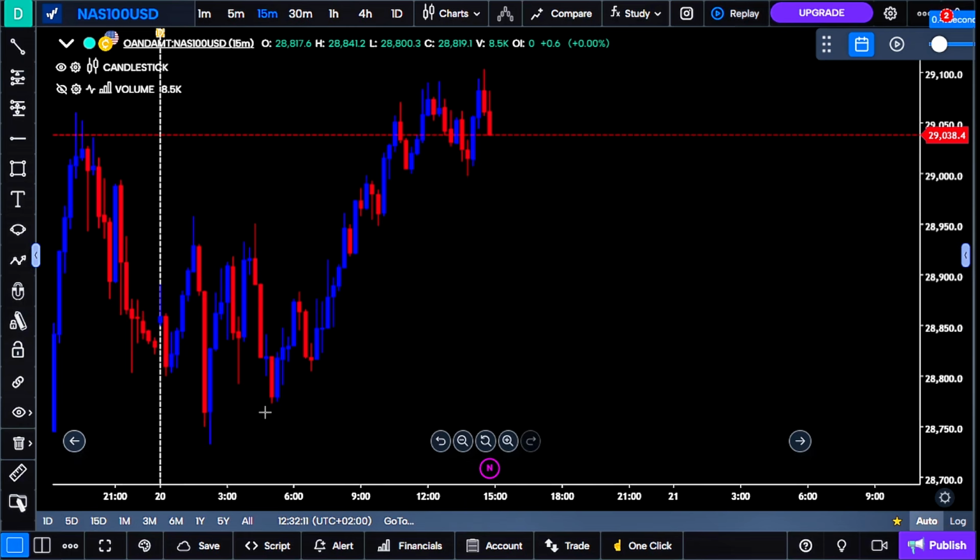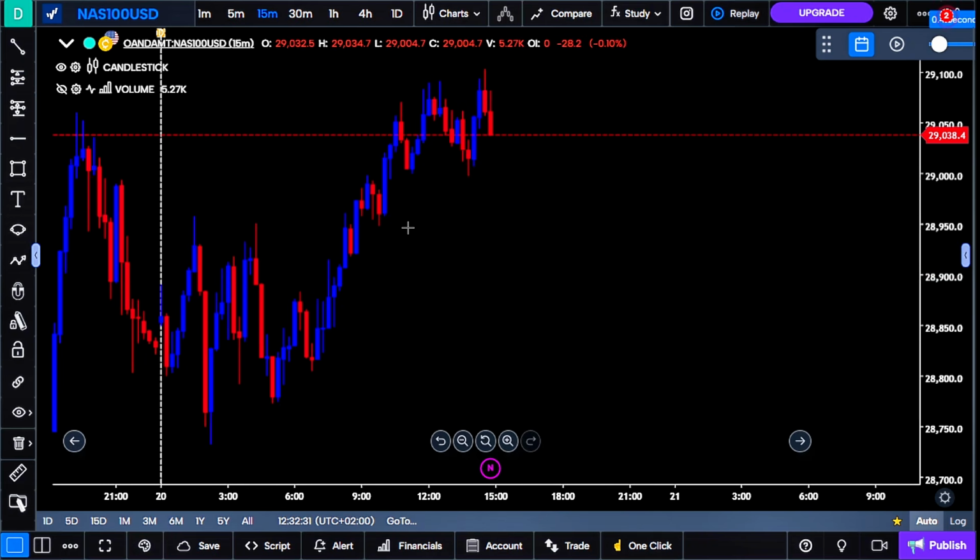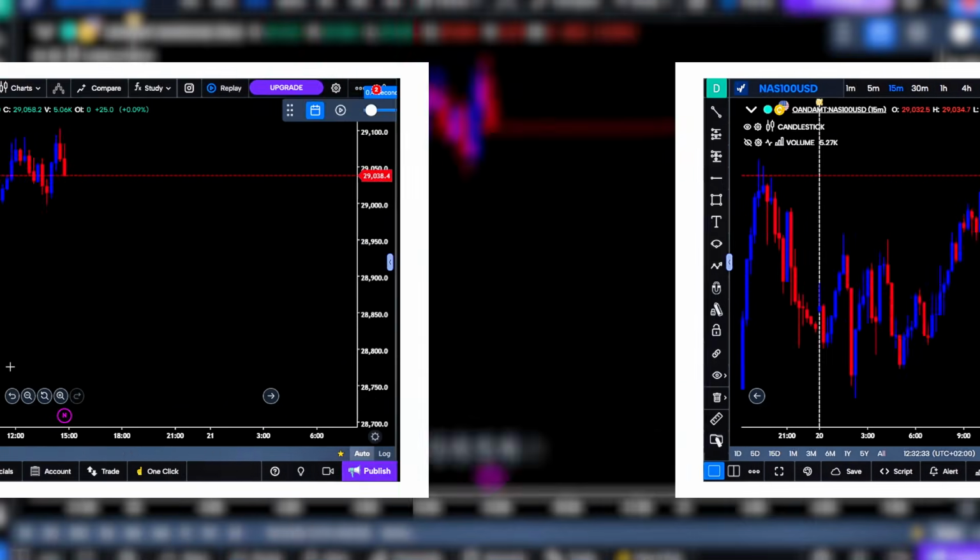That window helps me a lot in understanding if the market is going to be active at the right time or not, because I don't want to be caught in a consolidating market at the right time. So those are a few things that I look at on a daily basis before I take a trade. Now let's head over to the real price charts and talk about how to plot all of these things.